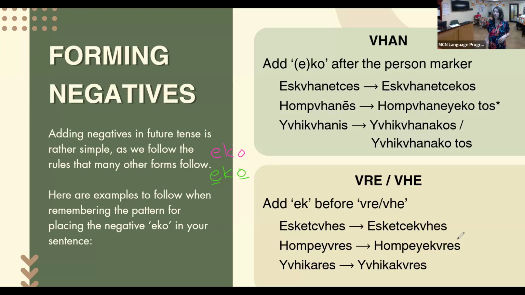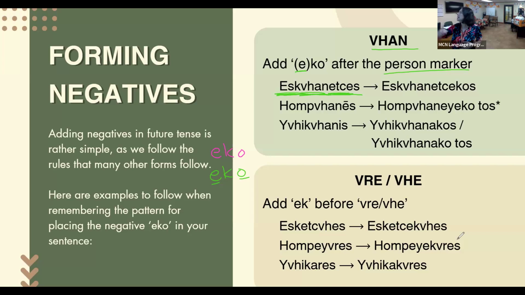So here are some examples to follow when remembering the pattern for placing eagle in our sentences. For future 1, a han or a thon, the E is the one that is going to end up dropping if it drops. So add eagle after the person marker. So iskahanitjis. So isk is our drink, right? Ahan is going to.